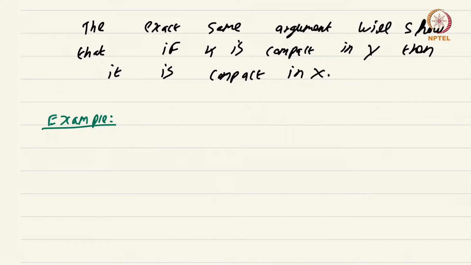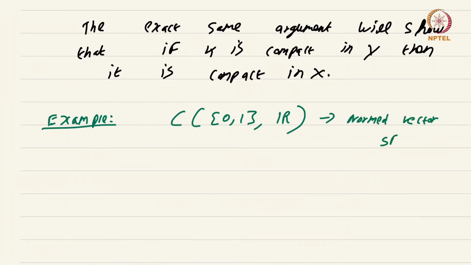Consider the space of continuous functions from the closed interval [0, 1] to R. Okay, this is actually a normed vector space. In fact, it's complete. We have even shown that it's complete. So this is the space of continuous functions from closed [0, 1] to R. Now what I'm going to do is consider the sequence x_n which is given by x^n.